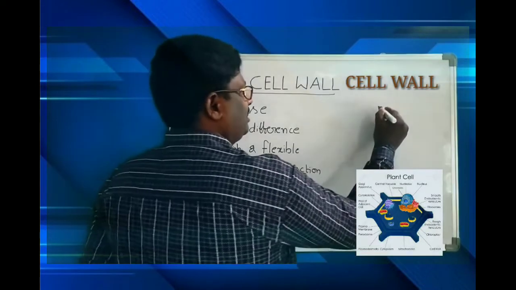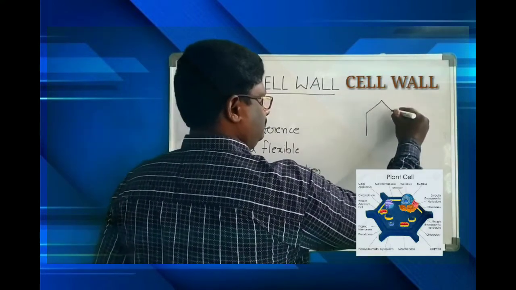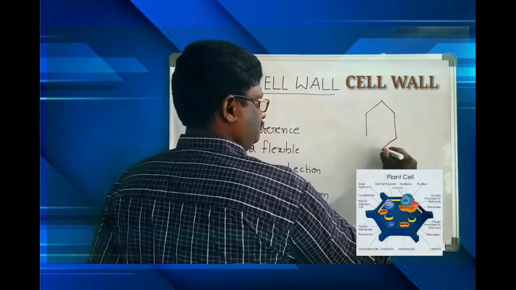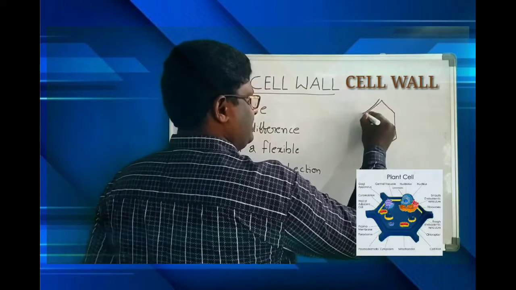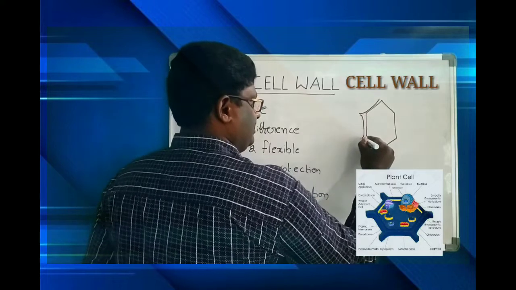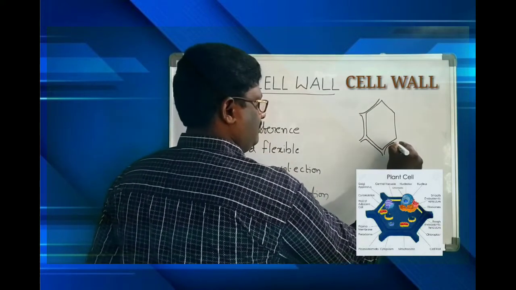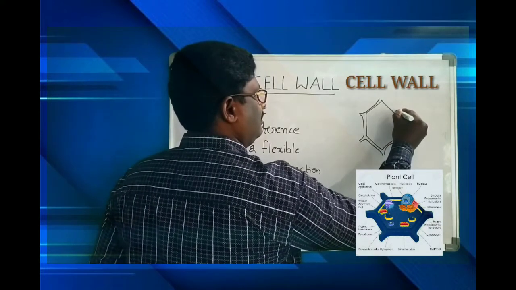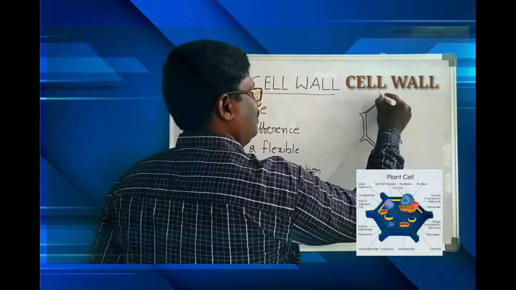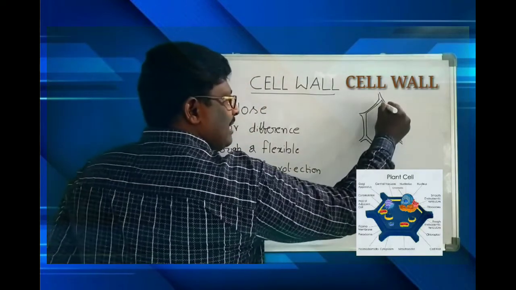For example, this is a plant cell. See, this is called plasma membrane.